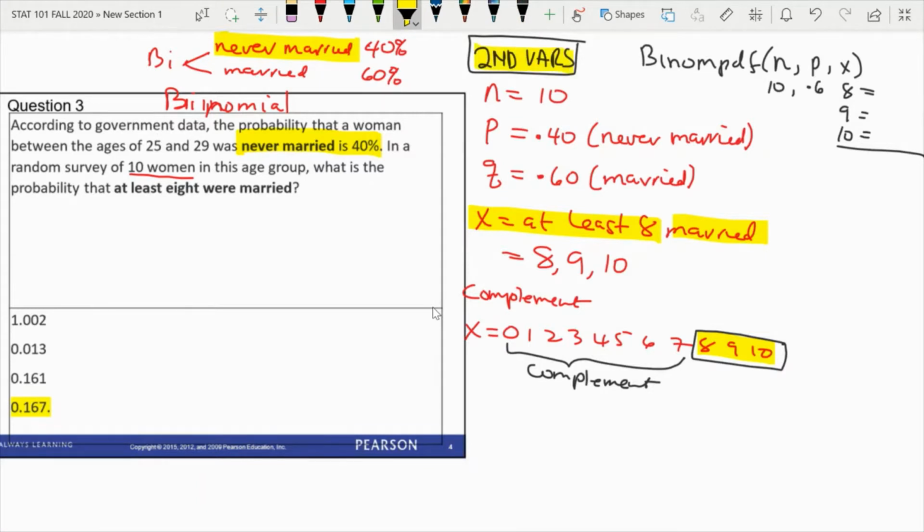So you can do the complement for this problem. This side from 0 to 7 is the same as binomCDF of 10, 0.6, 7. Could someone do that for me?